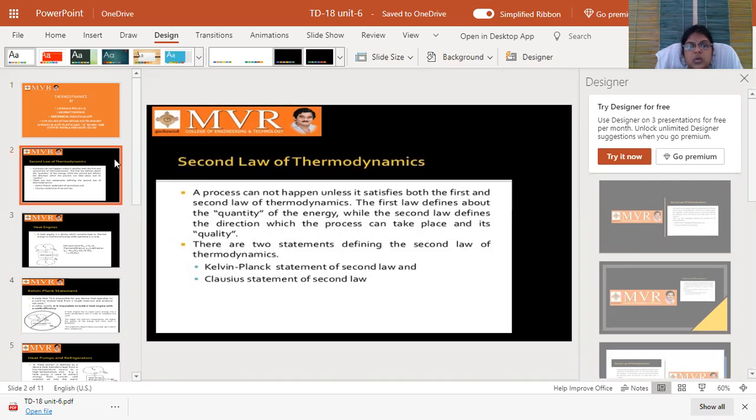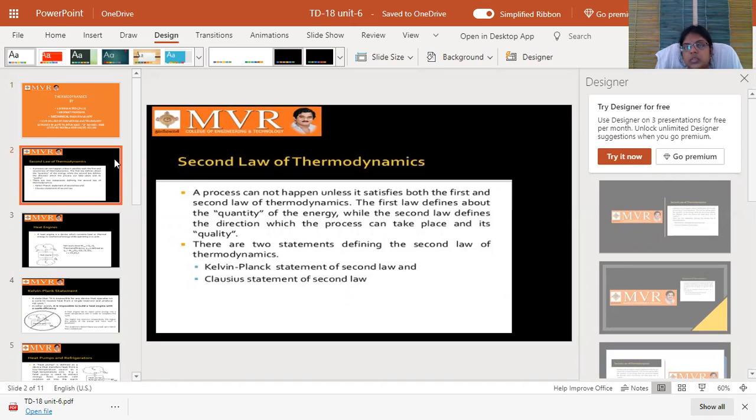A process cannot happen unless it satisfies both the first and second laws of thermodynamics. The first law defines the quantity of the energy, while the second law defines the direction in which the process can take place, and its quality. What is the meaning of that?